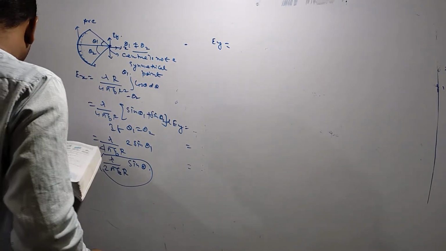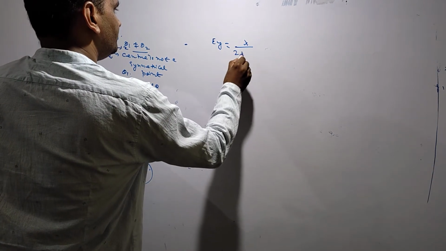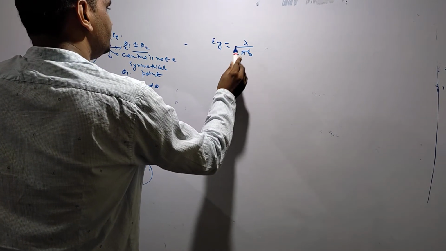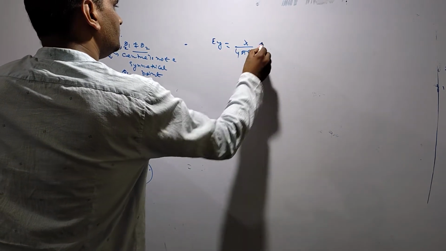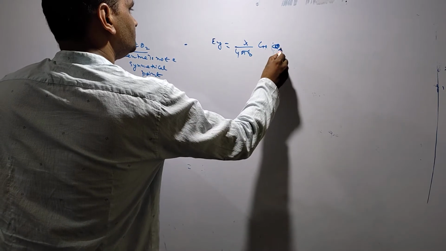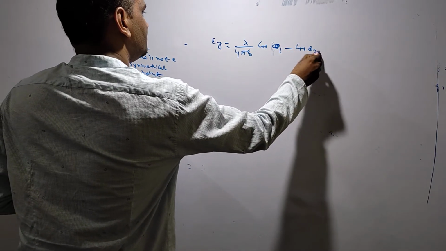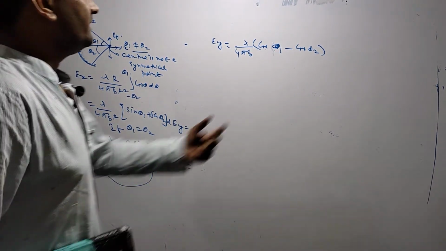Similarly, I want to keep the same computation. We can write lambda over 4 pi epsilon naught r, times cos theta 1 minus cos theta 2.